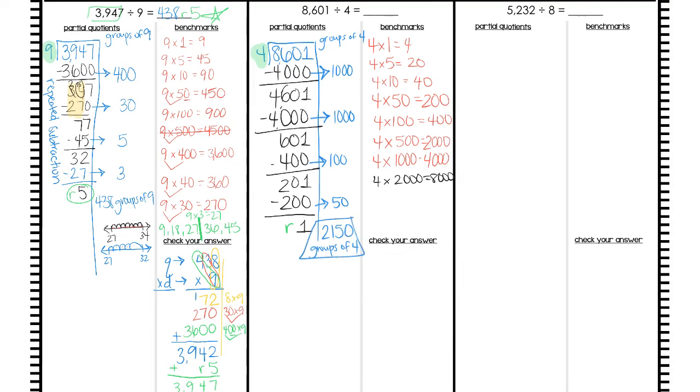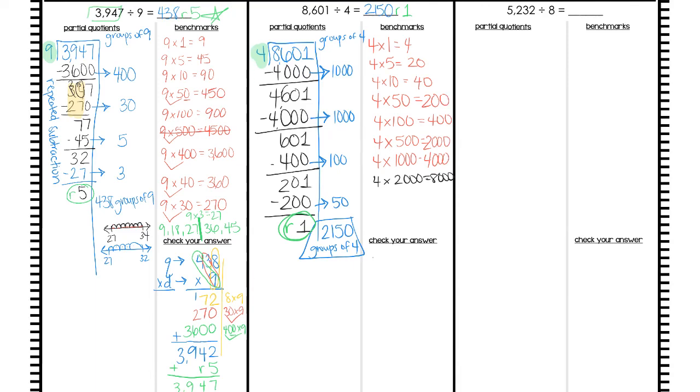So, when we divide 8,601 by 4, we get 2,150 remainder 1. We have 1 left over that can't get split equally into 4 groups.